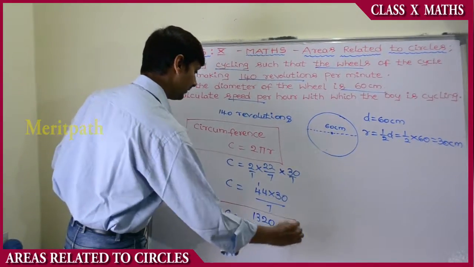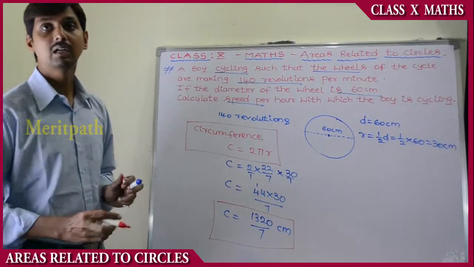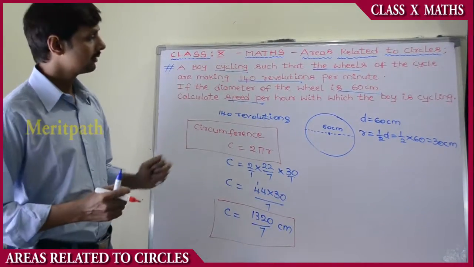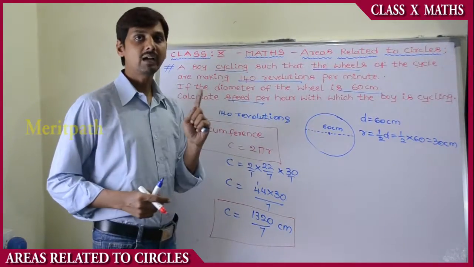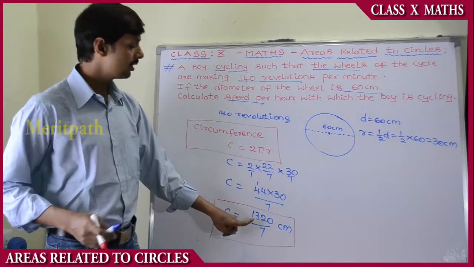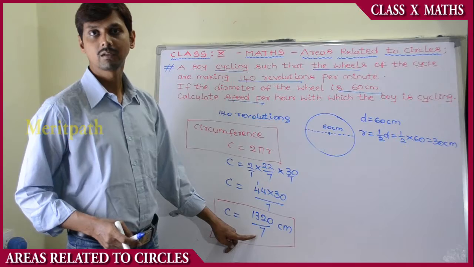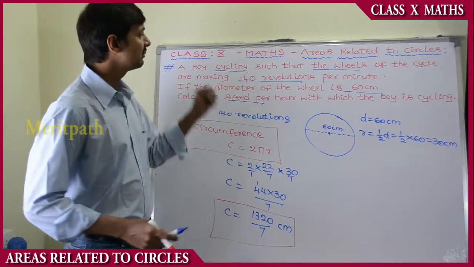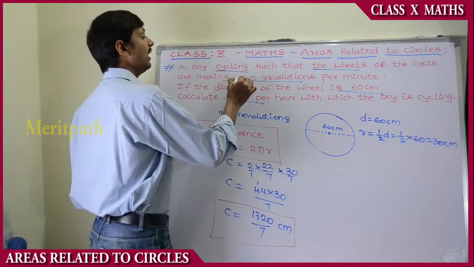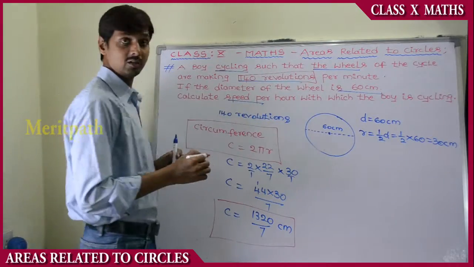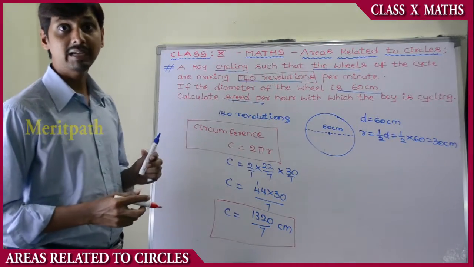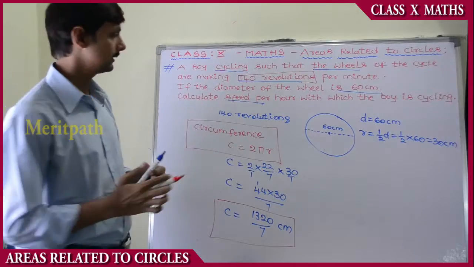So if it is making one round, the revolution of the wheel for one revolution is 1320 by 7 centimeters. But it's making 140 revolutions. Let's find out what is the distance covered by it for 140 revolutions.